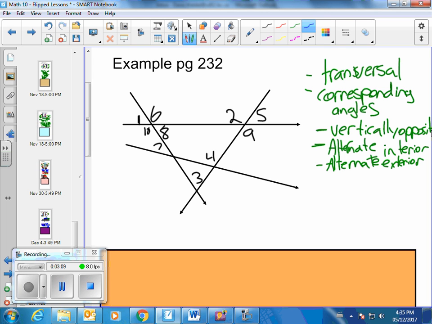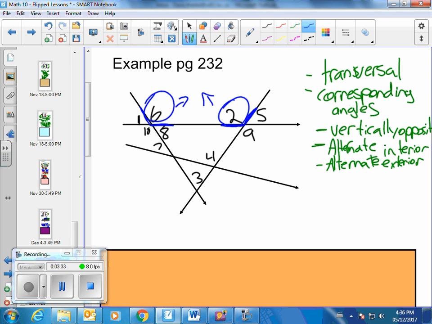So for instance, the very first and easiest example here is angle number 2 and angle number 6. These are corresponding angles. They are both angles that are obtuse, or bigger than 90 but less than 180. And both of these are opening towards the interior of our design.